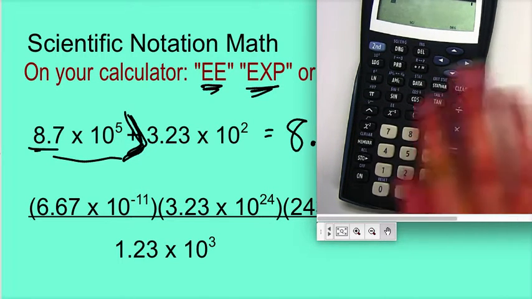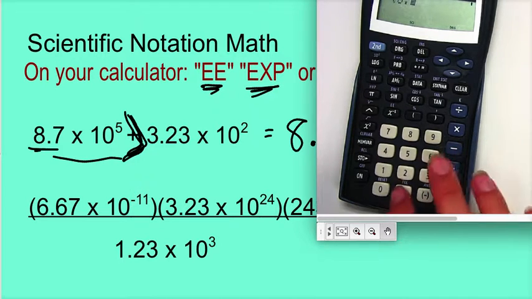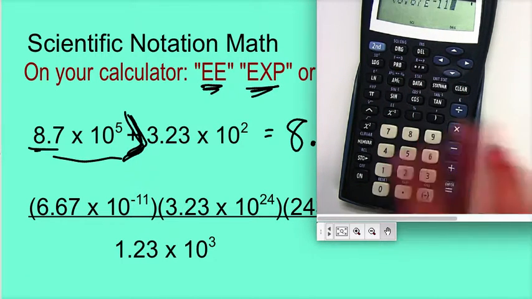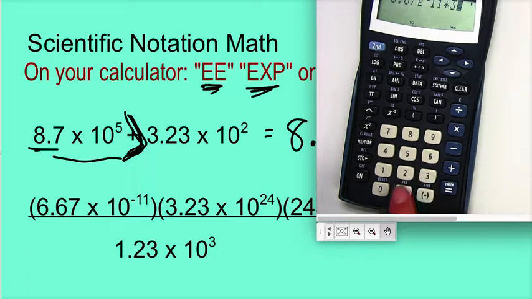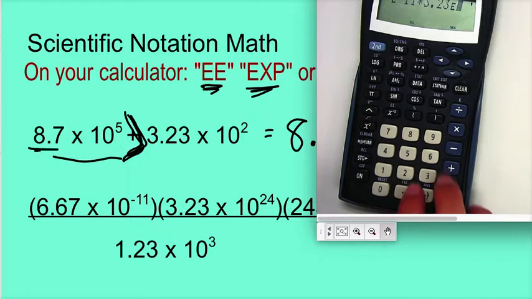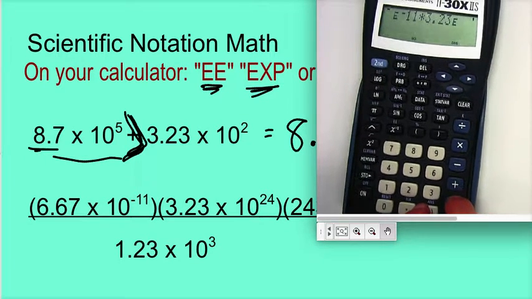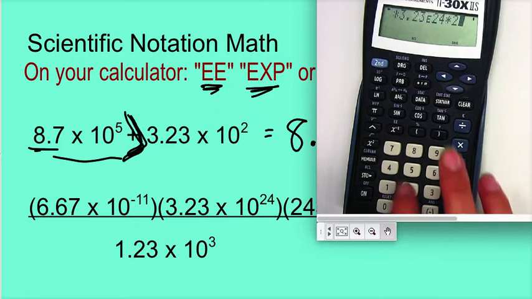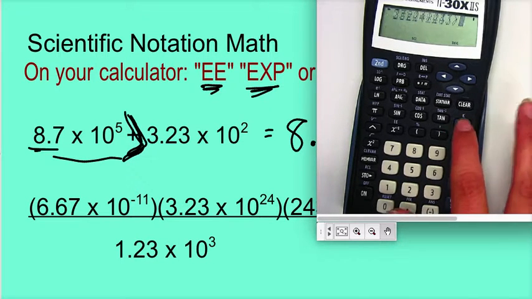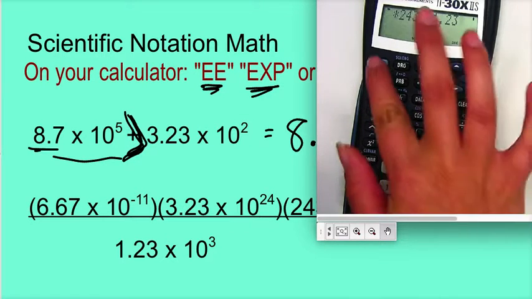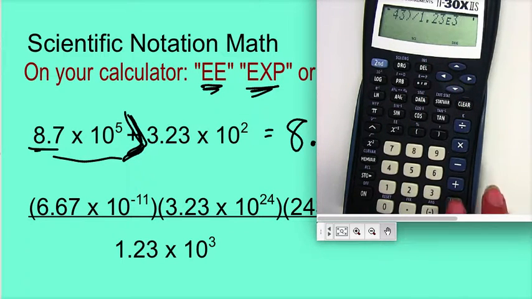6.67. I'm going to put all the top in parentheses. So 6.67 times 10 to the negative 11 times 3.23 e, which means that times 10 to the 24th times 243, all divided by 1.23 times 10 to the third.